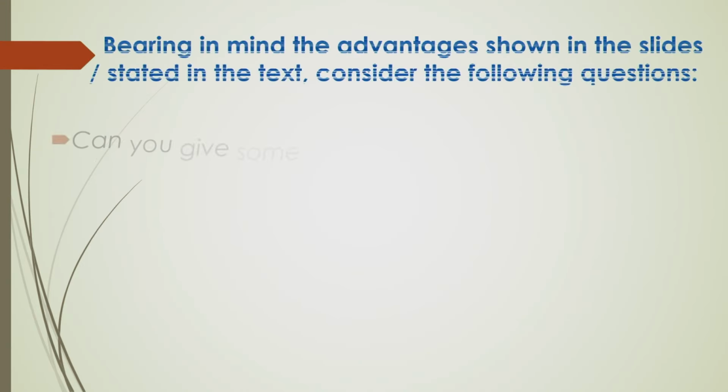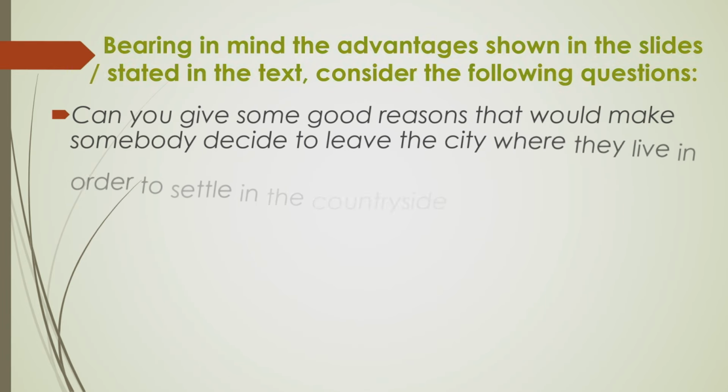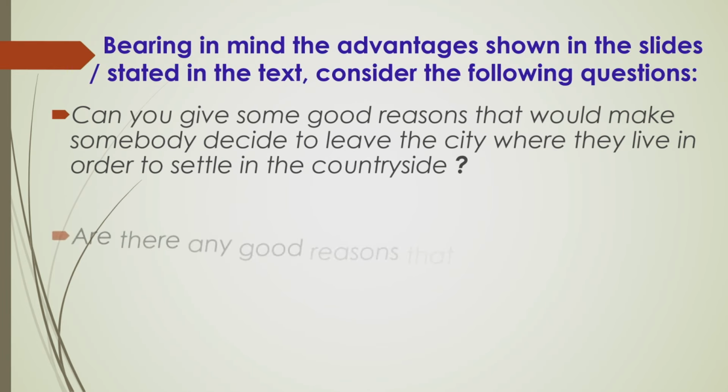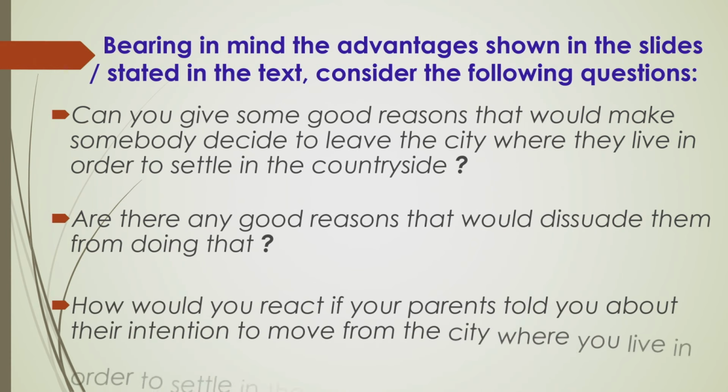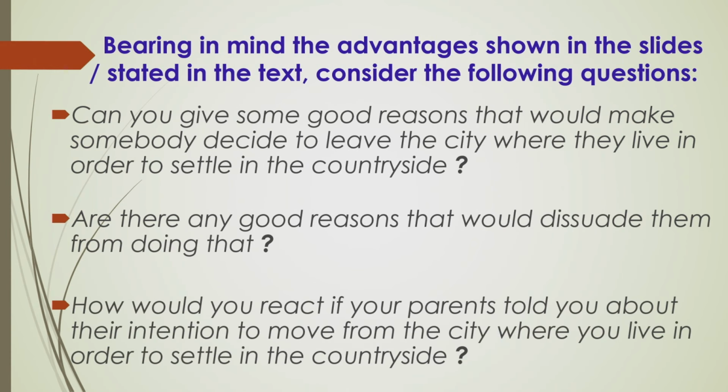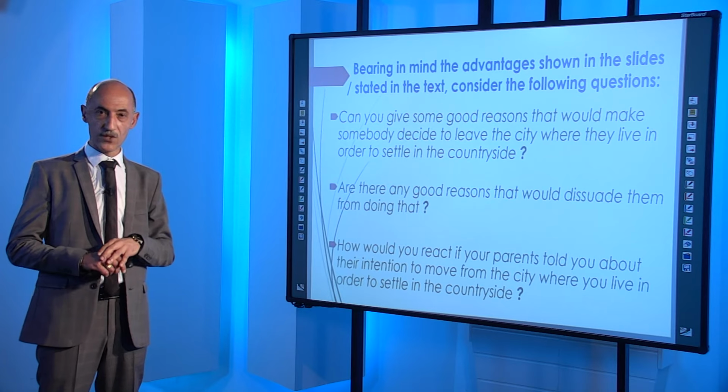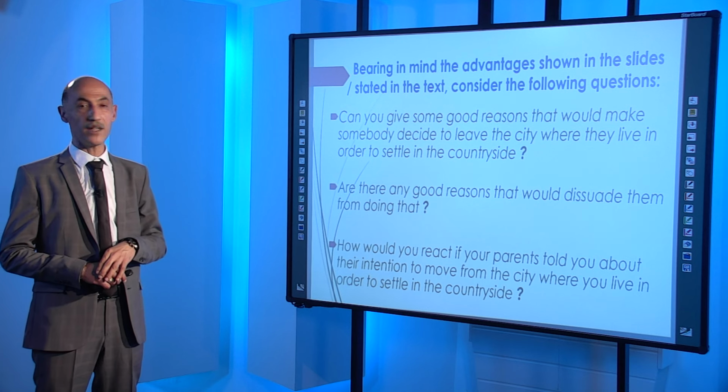Now, bearing in mind the advantages shown in the slides or stated in the text, I suppose you all remember the slides that we saw and the text that we read. Consider the following questions. Can you give some good reasons that would make somebody decide to leave the city where they live in order to settle in the countryside?